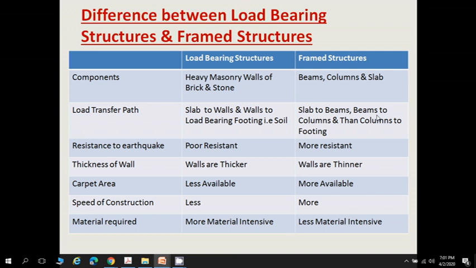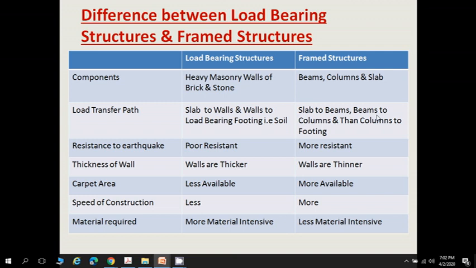Because load bearing structures are heavy, and their load carrying members are masonry walls, so they are easily destructive in nature, whereas framed structures are ductile in nature, so they can resist more earthquake or lateral forces. And in terms of thickness of wall, in load bearing structures the thickness of walls is more, whereas in framed structures the thickness of walls is less.